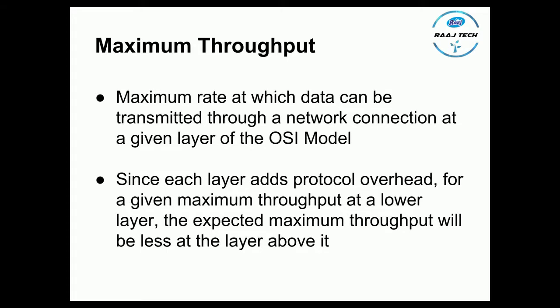But since each layer of the OSI model adds a certain amount of protocol overhead, in other words, it transmits some extra data added on to the data that we actually would like to send, for a given maximum throughput at a lower layer, the expected maximum throughput will be less at the layer above it.